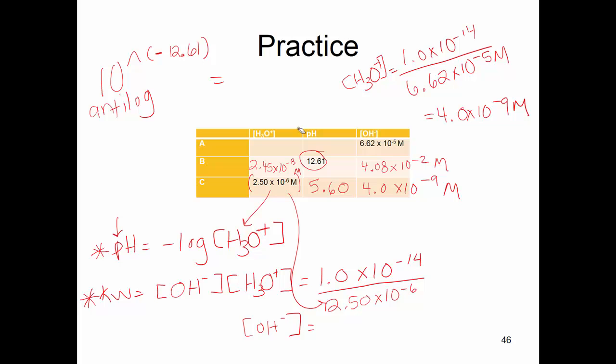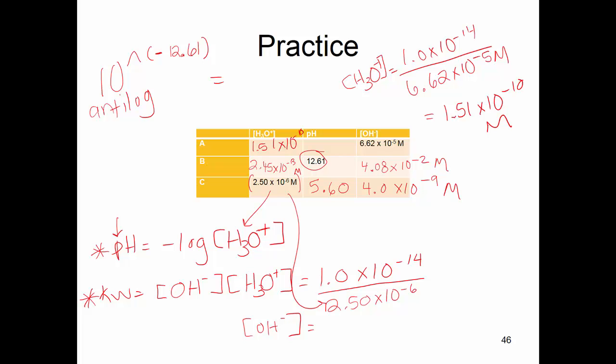If you divide and do this, that's not what you get. That was my answer for C that I copied down wrong. So you get 1.51 times 10 to the negative 10. Hopefully you caught that. Just kidding. Now we have our hydronium concentration.